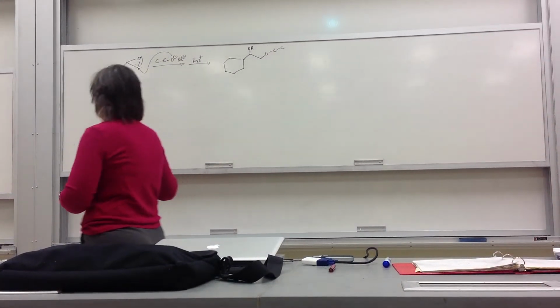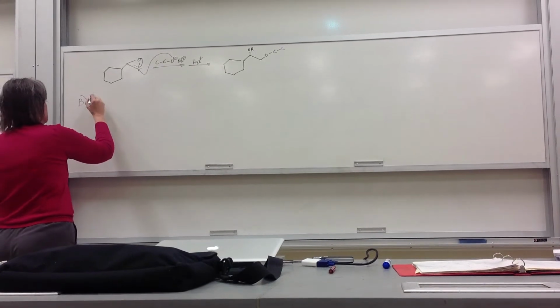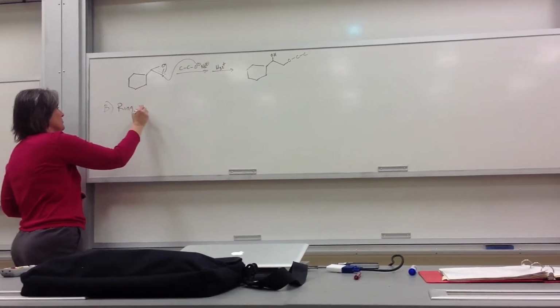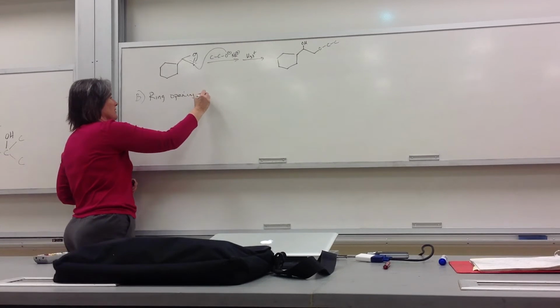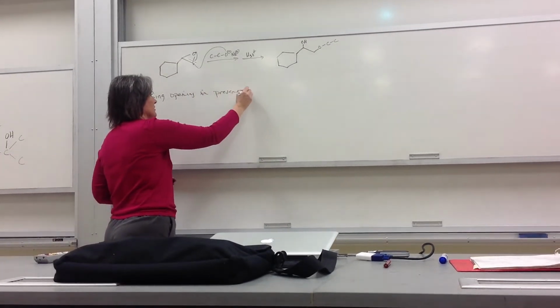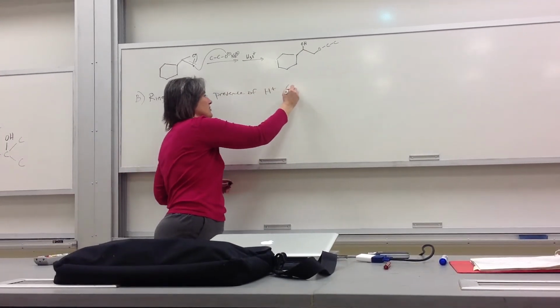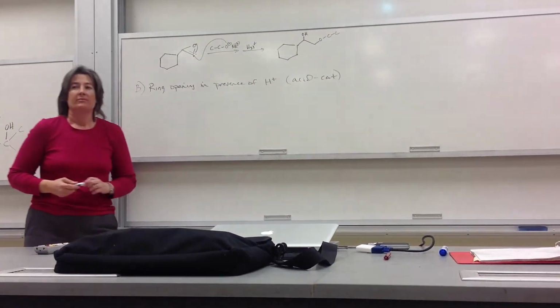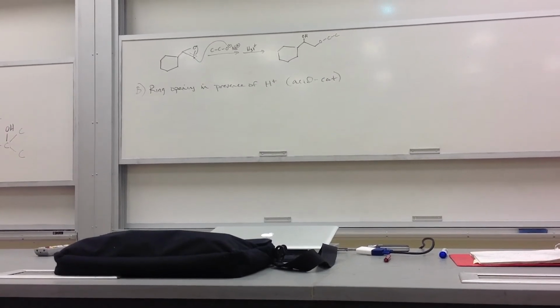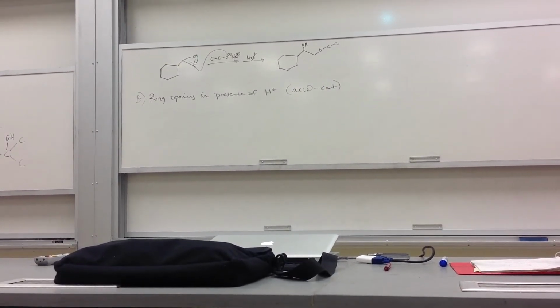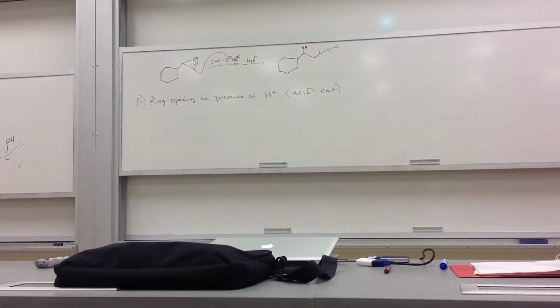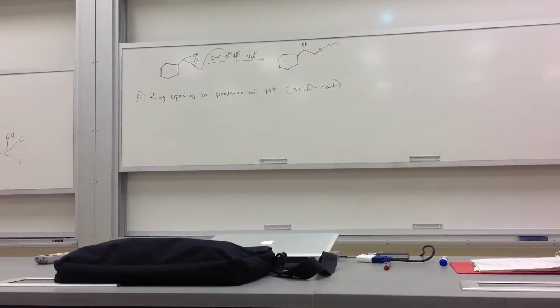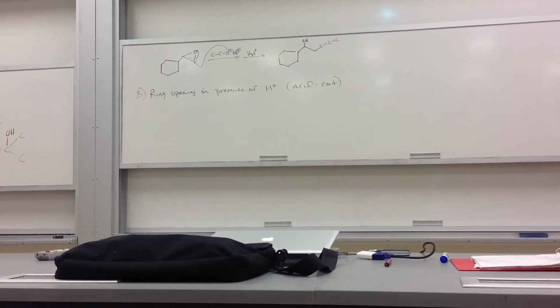Now, let's look at case B. This is ring opening in the presence of H plus. So this would be acid catalyzed. Now doing this, you've kind of limited what you can open the ring with. I can't, for example, take a Grignard reagent and put it in the presence of an acid to open the ring, right?